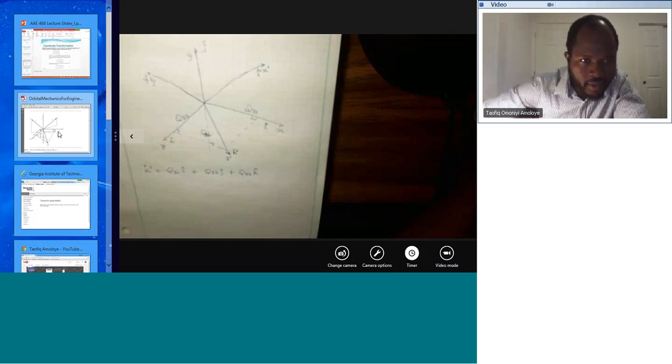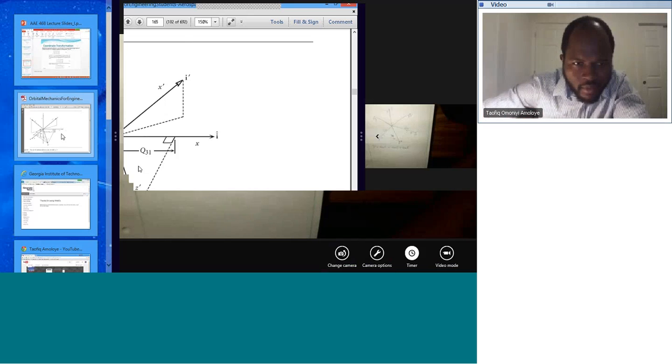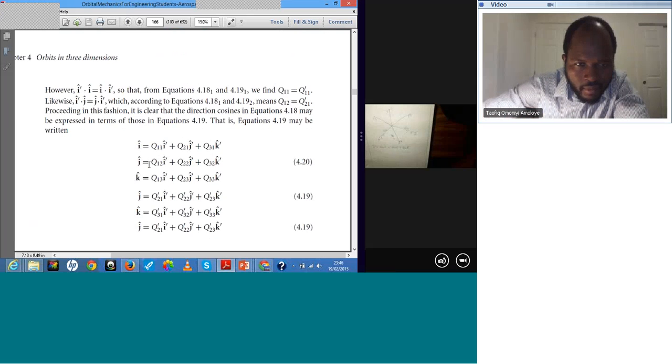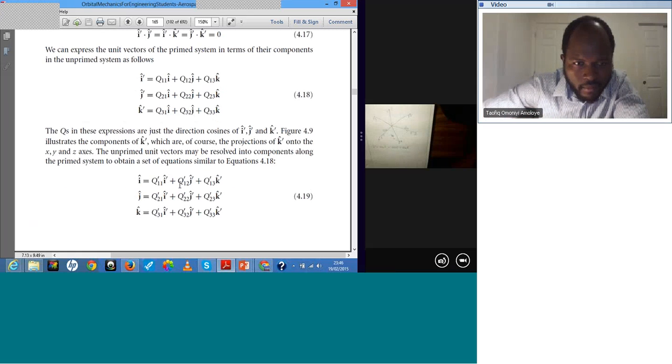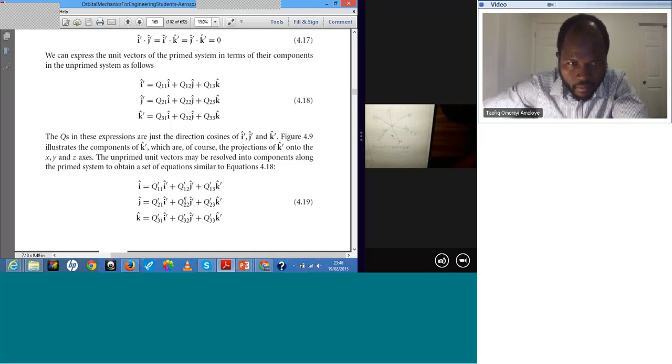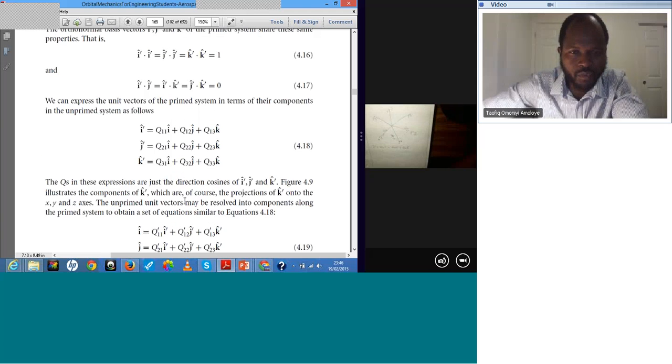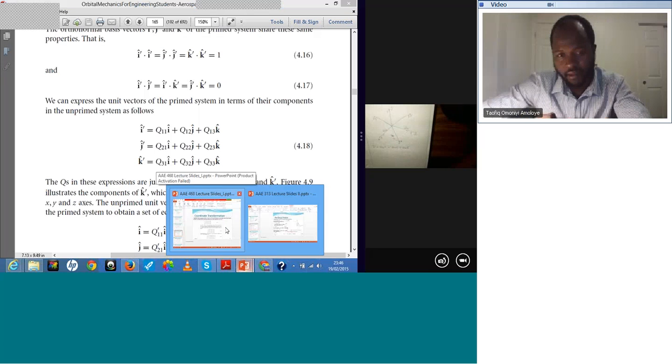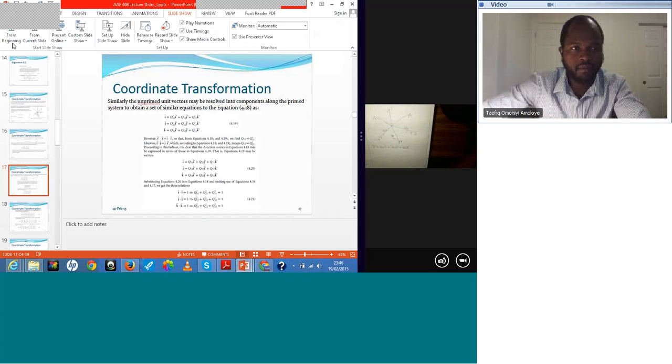It's quite hard to view now. We just go through a similar process to get the components of K, that is K in the unprimed system, in terms of its projections onto the primed system.